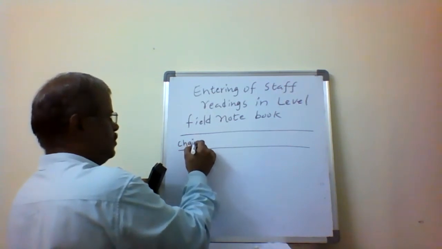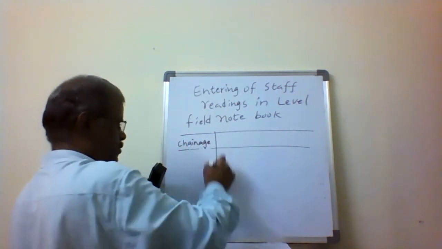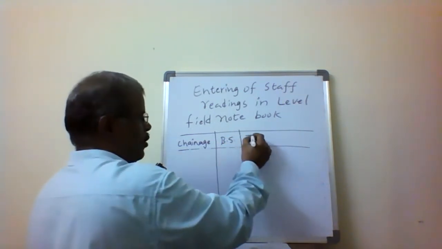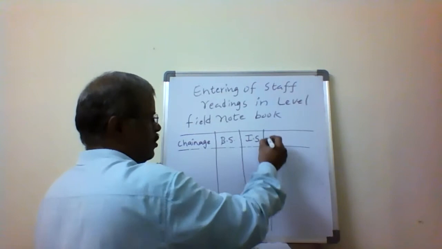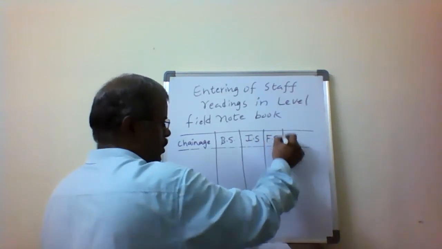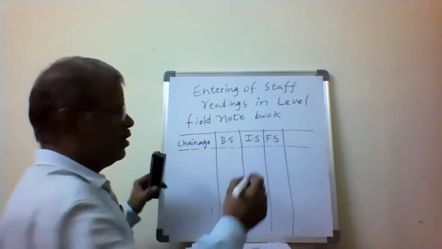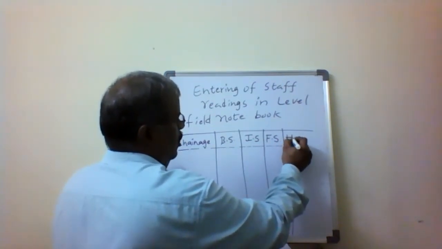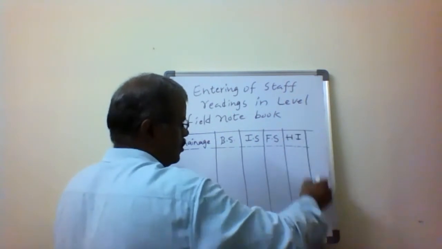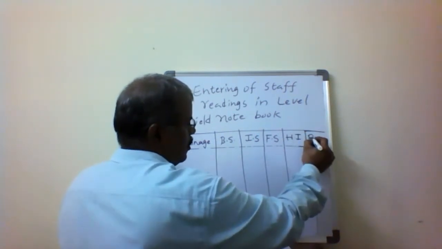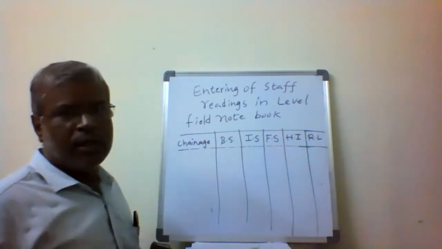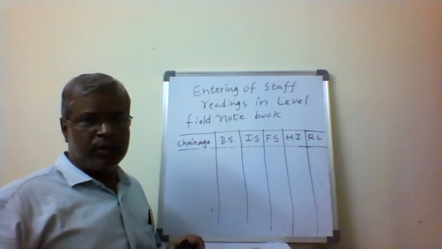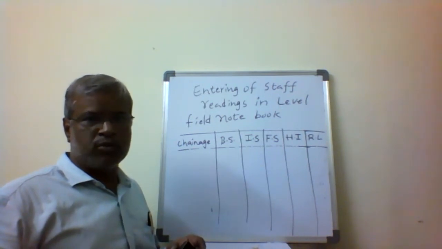Chain, backsight reading, intermediate sight reading, foresight reading, then height of instrument, and reduced level. The chainage is given from the first point to the last point, for example 5 meters, 10 meters, 15 meters, 20 meters.